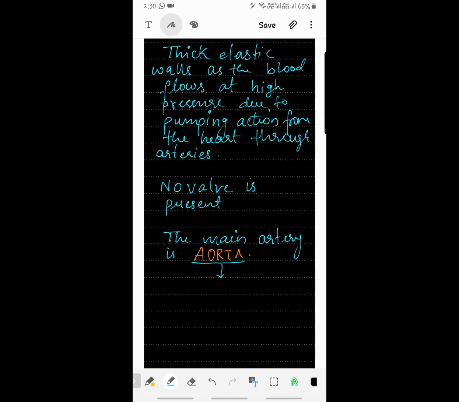For example, if an artery reaches the stomach, it is called gastric. If it reaches the lungs, it is called pulmonary artery. If it reaches the liver, hepatic artery. If it reaches the pancreas, pancreatic artery. Artery is artery, but in different organs it gets a name based on that. If it reaches the kidney, it is called renal artery. So it depends.